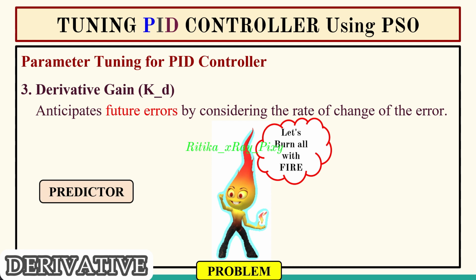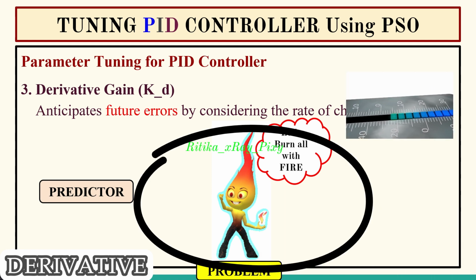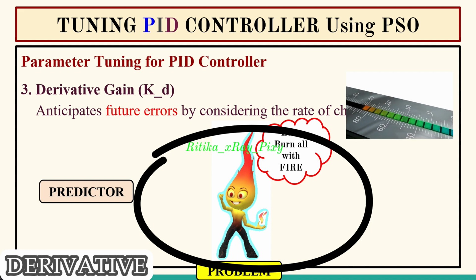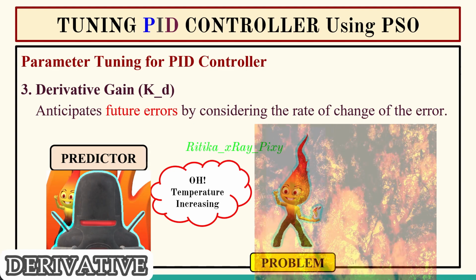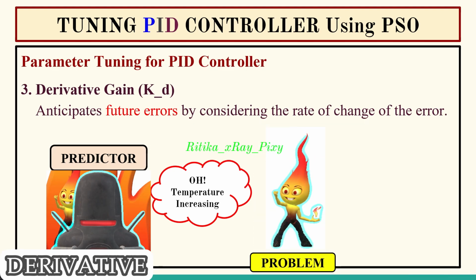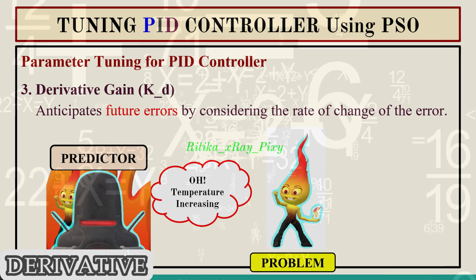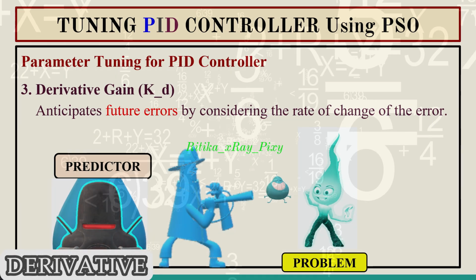It reduces system overshooting. For example, temperature is going too high, and there is a possibility of a disaster like fire. Then the predictor can easily predict the future behavior based on the current rate of change, and it can reduce the system overshooting.